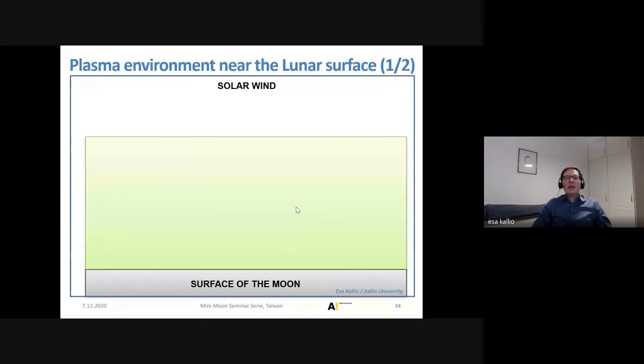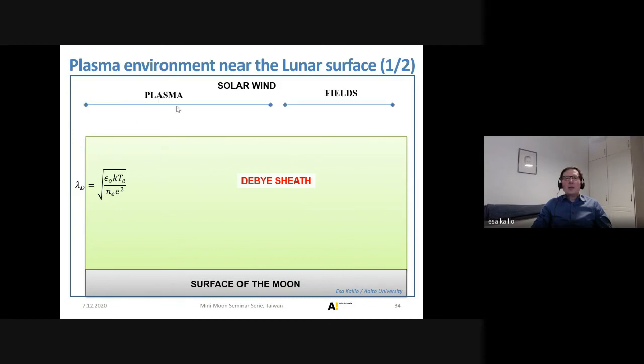In microscale, we are now talking about a meter to, let's say, 1 kilometer scale, and the lunar surface is in this region. When you want to investigate this, it means that you are investigating the Debye sheath region.